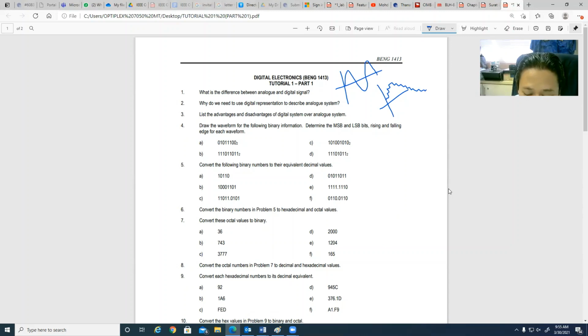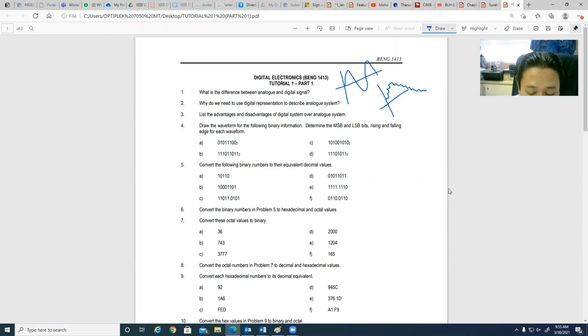List the advantages and disadvantages of the digital system over the analog. We have a lot of advantages such as information storage for further manipulation, accurate, precise, noise immune, easy to design, simple, and so on.